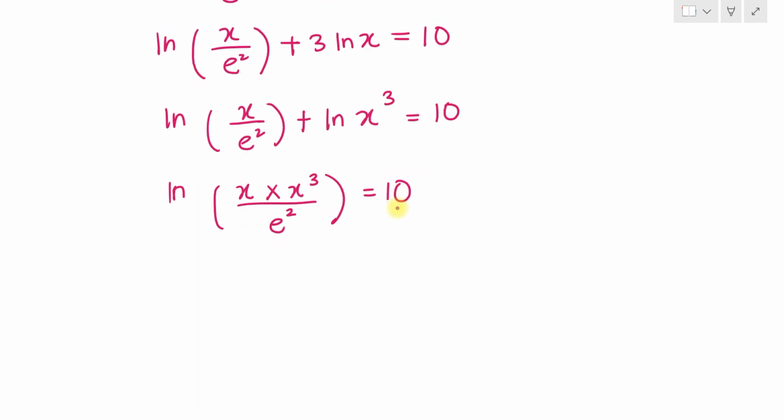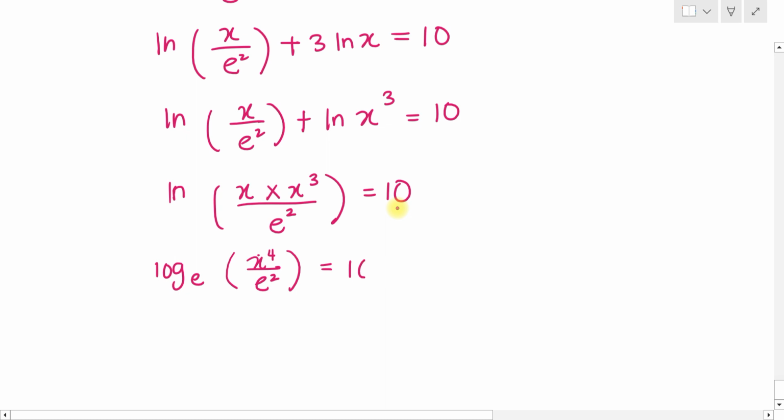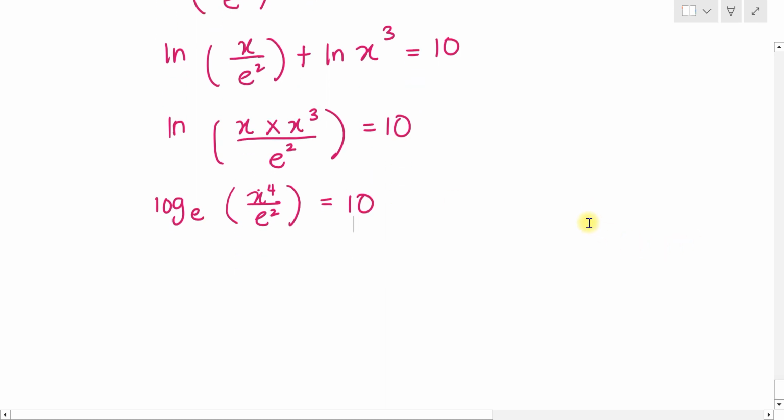So ln is actually log base e. Don't forget that. Ln is actually log base e. I convert like this. So I get x power 4 over e power 2 equals to 10. Okay, now you convert to indices. This e become the base, the 10 become the power.